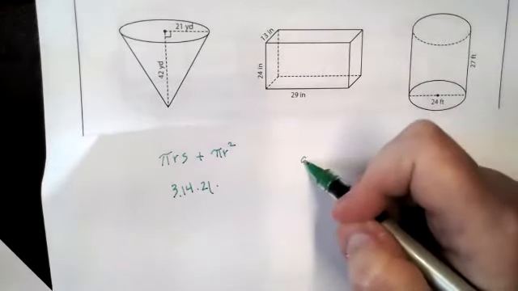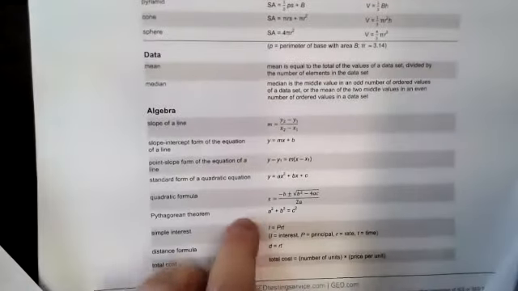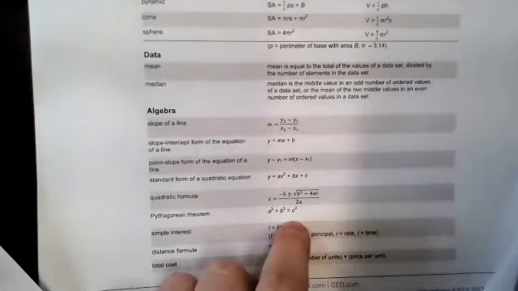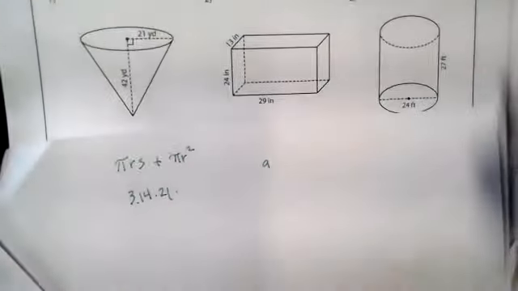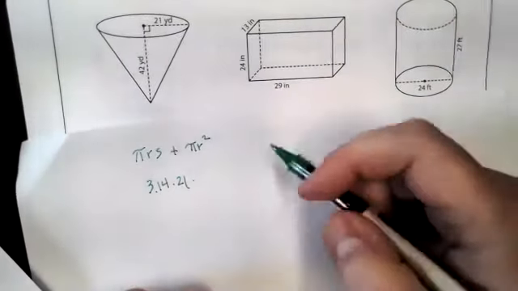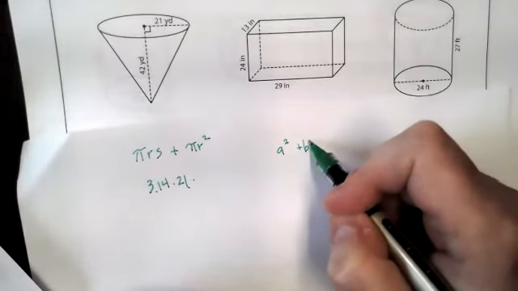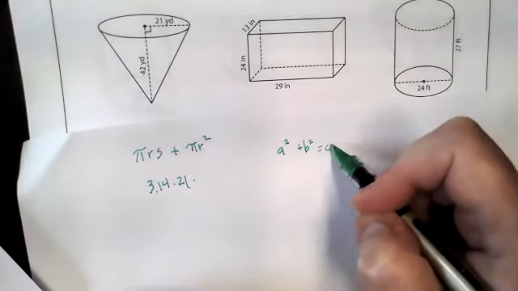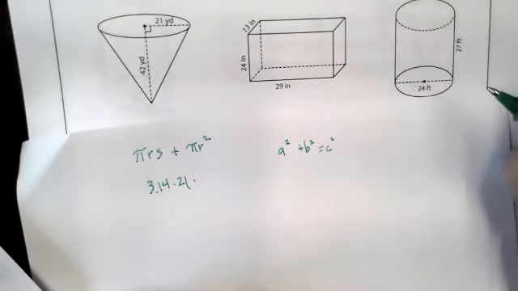The Pythagorean theorem, again, is on your resource sheet right here. A squared plus B squared equals C squared. That is what you have to do in order to find the length of the side. So it doesn't necessarily make the problem harder.